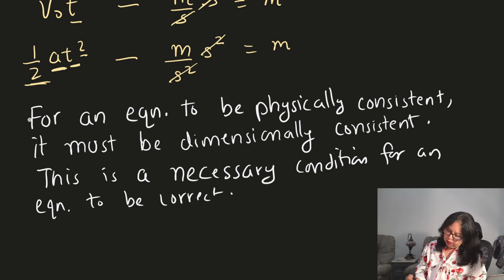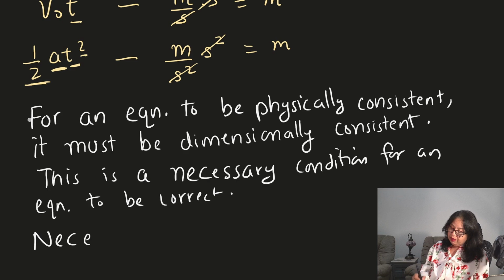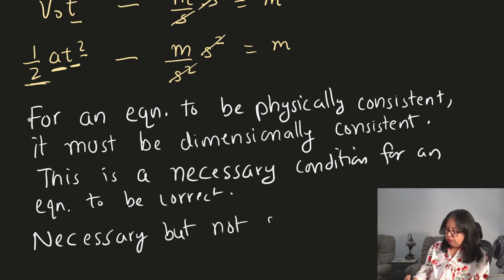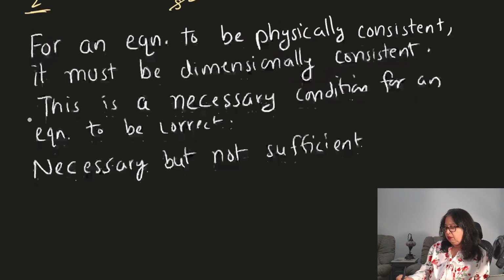Is it a sufficient condition? Just because a given equation or expression is dimensionally consistent, meaning the dimensions of each of the terms are the same, is the equation correct? Not necessarily. So it is a necessary but not sufficient condition.